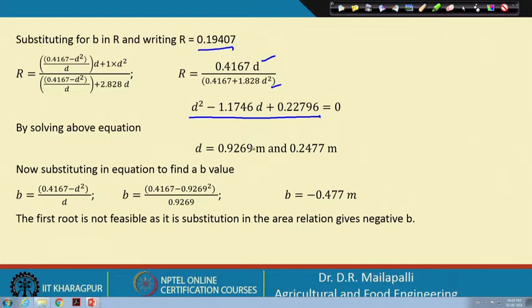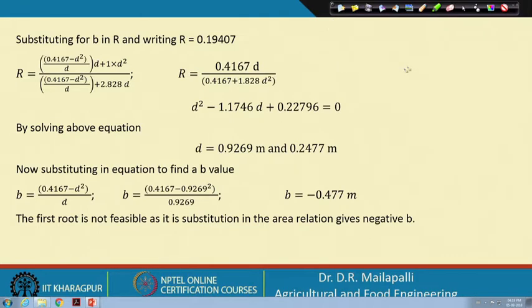So, it has two roots. One is D equal to 0.9269 and the other is 0.2477 meter. Let us substitute any one of these, for example D equal to 0.9269. Then you get B in a negative term, so this is not the value. So, we have to take 0.2477.